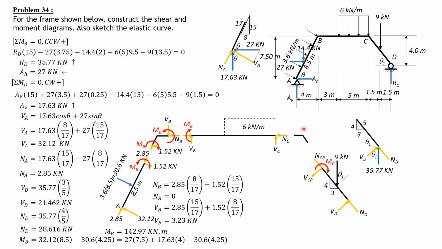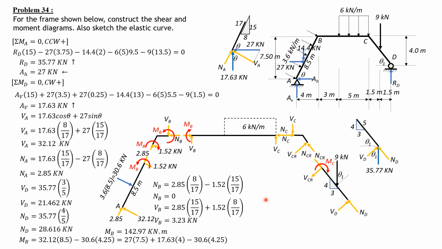So next, we concentrate here to solve for V_C and N_C. V_C is equal to the upward components of these two. So V_CR times cosine of theta, because the angle theta is the angle between the vertical and this V_CR here. So it is cosine theta. Then plus N_CR times sine of theta.